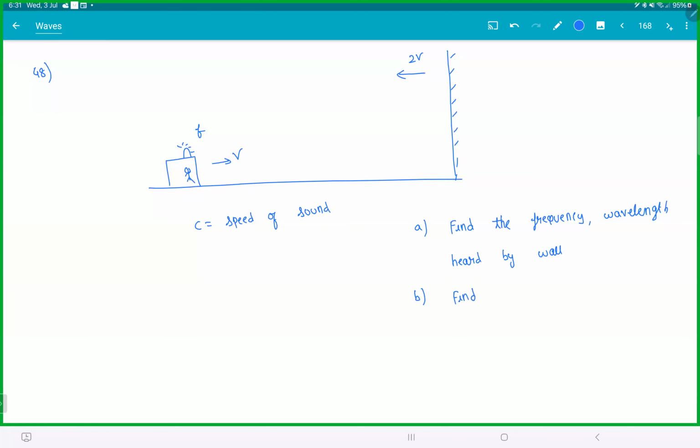Find the frequency of the echo, right? Find the frequency and wavelength of the echo heard by the driver.